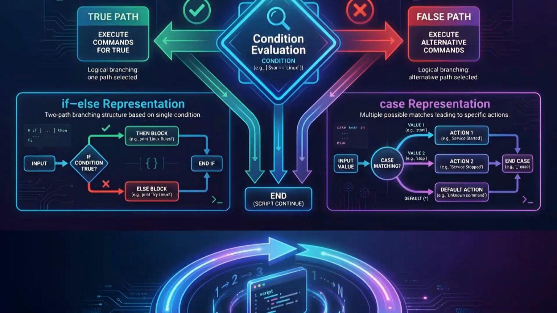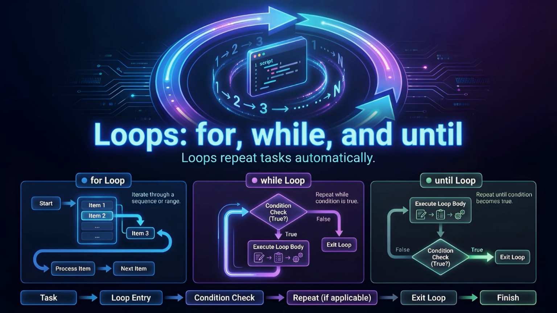Next we will see about the loops. So here we have the for loop, while loop and until loop in shell scripting. Loops repeat tasks automatically. So let me demonstrate these loops one by one. First we will see the for loop, then the while loop, then the until loop.